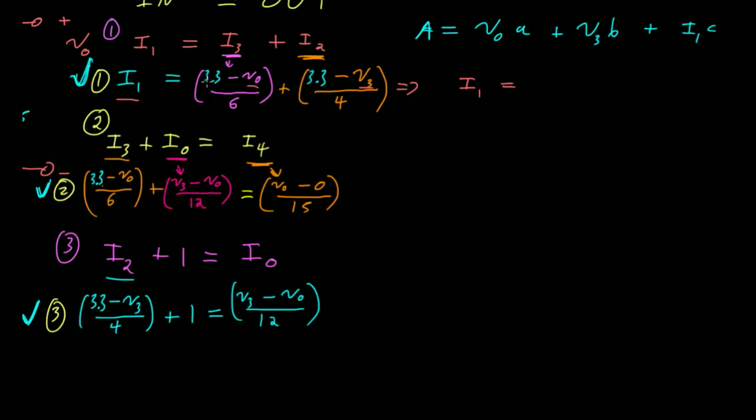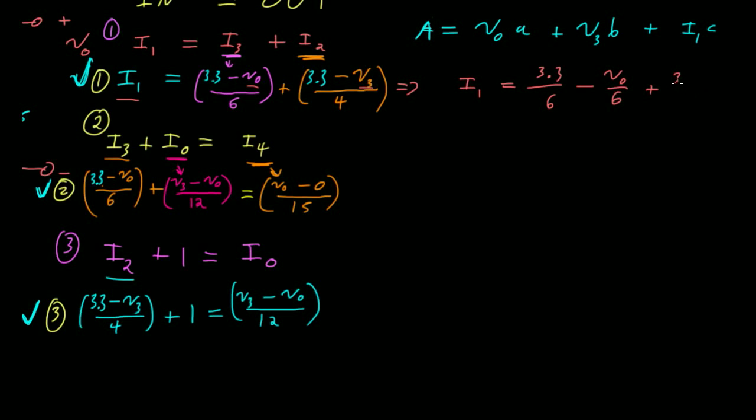That's going to be equal to 3.3 divided by 6 minus V0 divided by 6. Notice what I did. I just broke up that fraction. If I have A minus B divided by C, I can rewrite that as A over C minus B over C. Now let me break up the second fraction.